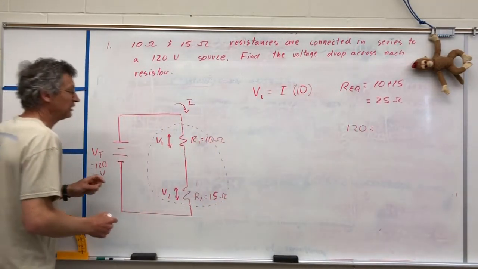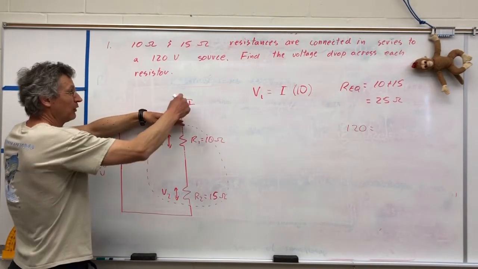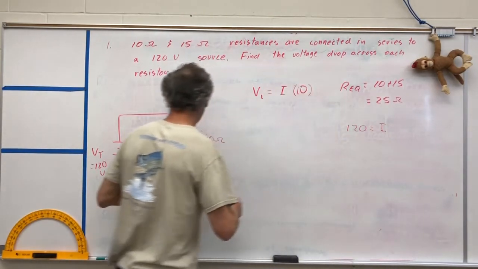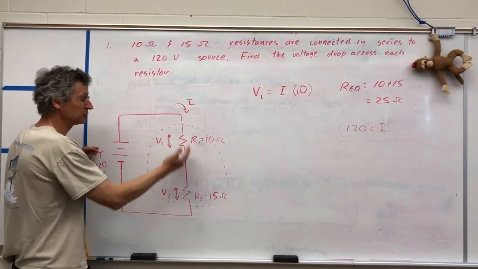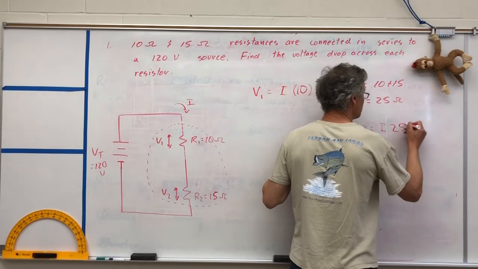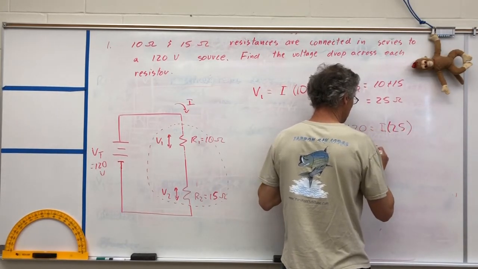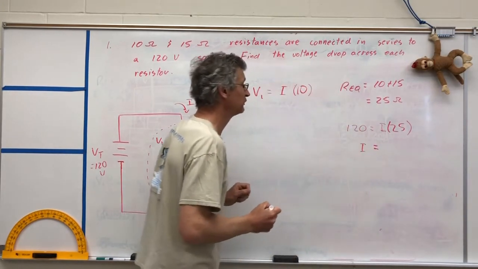So the voltage drop across the resistor is equal to the current through it times the resistance itself, and that one big resistance is 25 ohms. So you solve this equation for I, and what do you get?